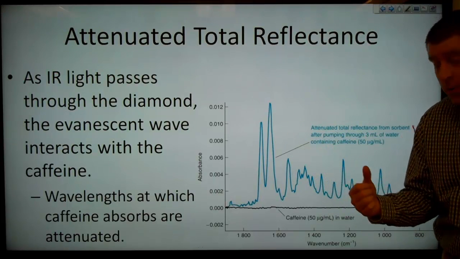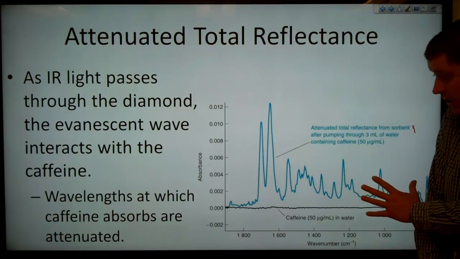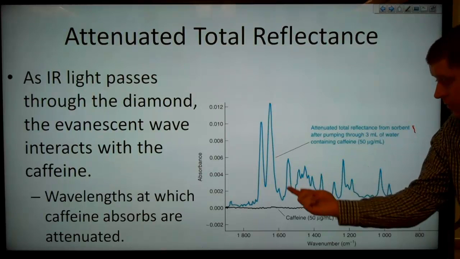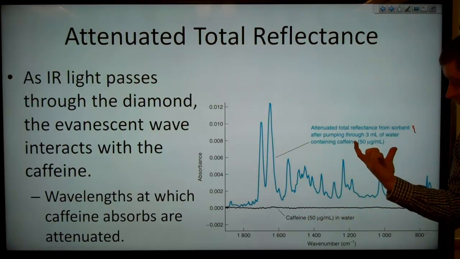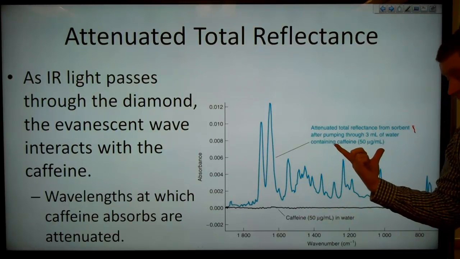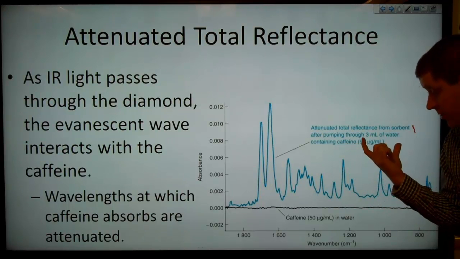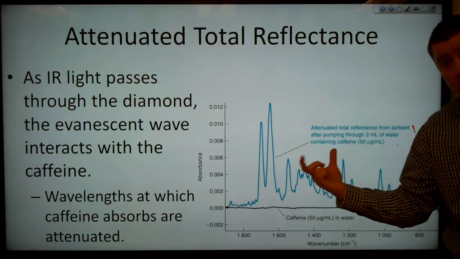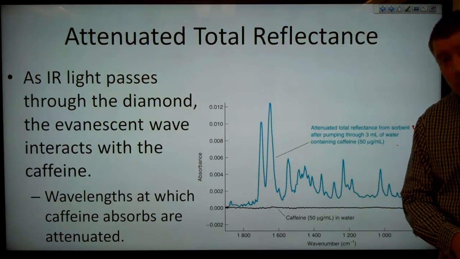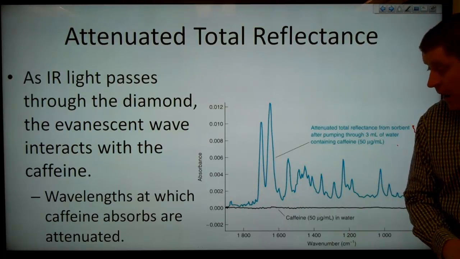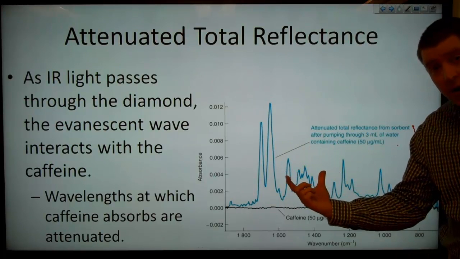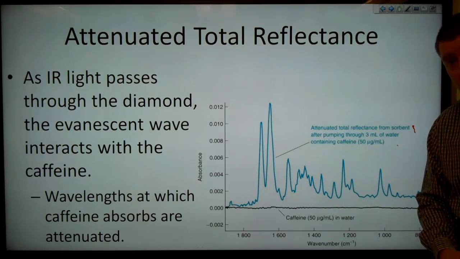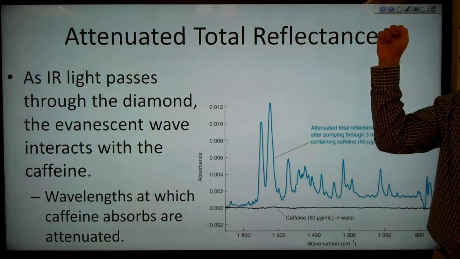But if we use attenuated total reflectance, we're essentially concentrating that caffeine, and you can see now we have pumped through 3 milliliters of water containing our caffeine at the same concentration of 50 micrograms per milliliter, but now that caffeine has adsorbed onto the surface of those sorbent beads, and so now we have a much higher concentration of caffeine, and now we can get a much better signal-to-noise ratio using attenuated total reflectance.